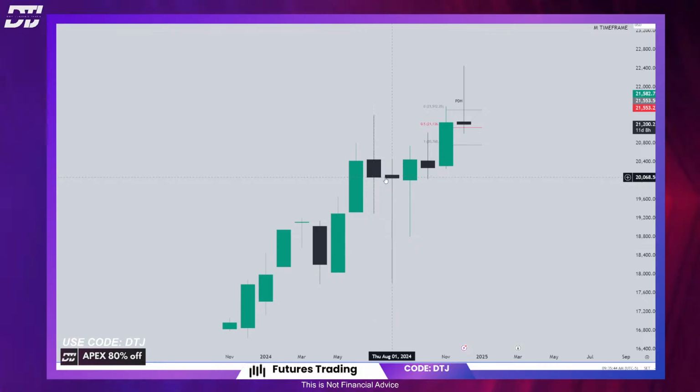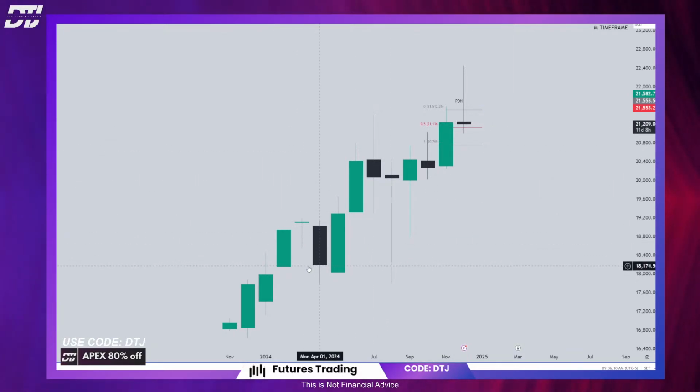June and July, or July and August were pretty lackluster months, but everything for the most part has been moving higher. So the question going into 2025 is, what does that look like? Are we going to find support at these types of levels here and then continue higher? Are we going to finally have a change in state of delivery on a monthly candle?